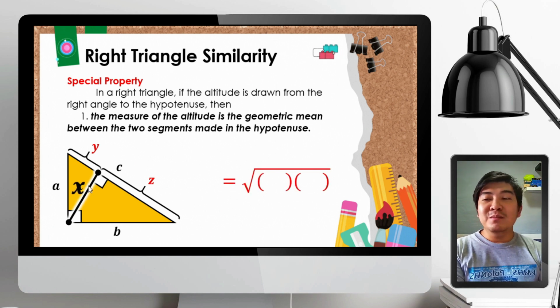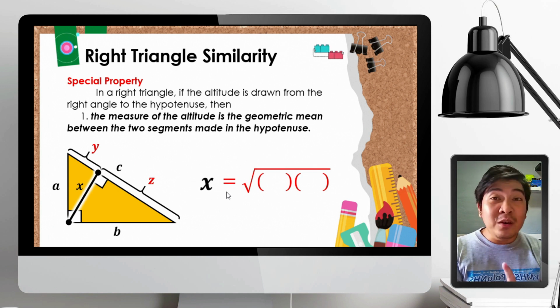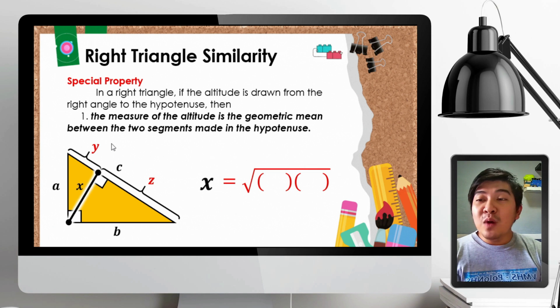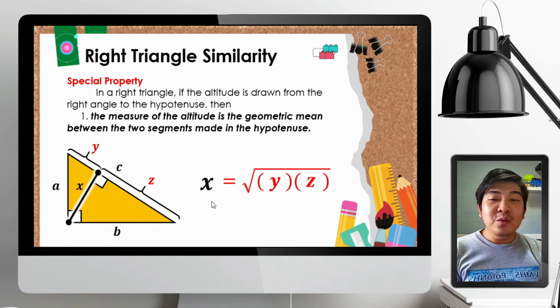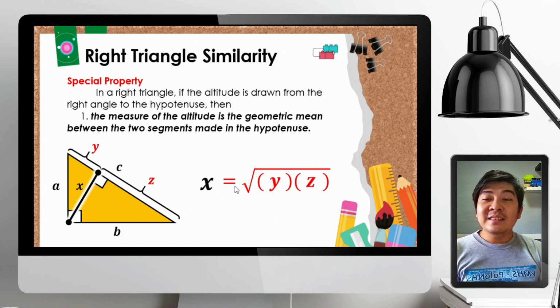Paano ba yung geometric mean? So that will be the altitude X is equal to the square root of the product nung dalawang nabuong new segment. So that will be segment Y and then segment Z. So therefore, we can say that the measure of X is just equal to the square root of Y times Z. Bakit ba naging ganon?